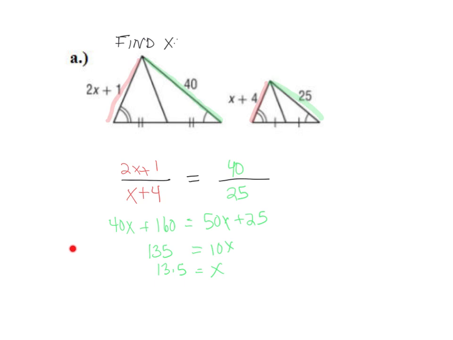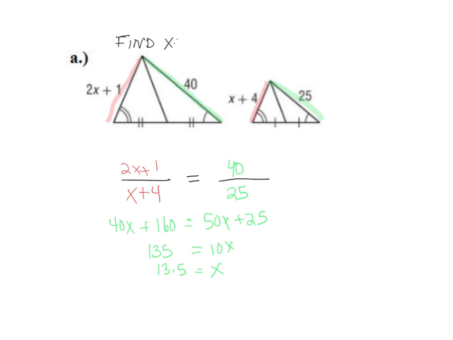Okay, in this problem, we're asked to find x, and we can see that we have a median here creating two congruent segments. And so that is going to be one of our special segments of similar triangles. And so we are then going to be able to say that this 2x plus 1 is going to be proportional to x plus 4, and that the 40 is going to be proportional to 25.